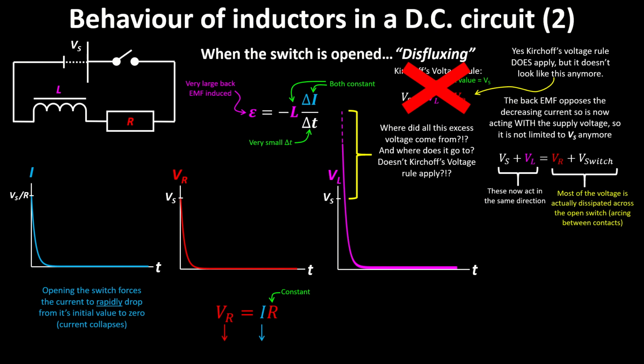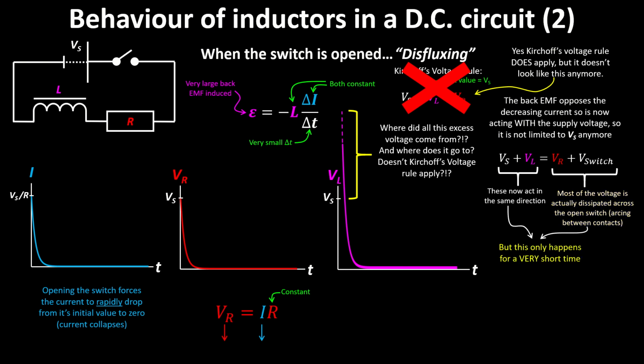Most of the voltage is actually dissipated across the open switch, because the switch now has much more resistance. An open switch has a very high resistance, much more than any resistor that you would have in the circuit. And that actually causes it to arc between the contacts. So you've got Vs and VL acting together to produce a very large voltage, and that is dissipated across the resistance, but mostly across the switch.